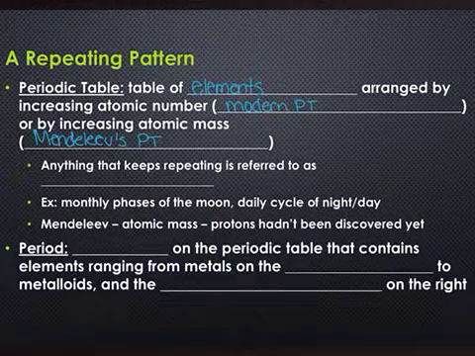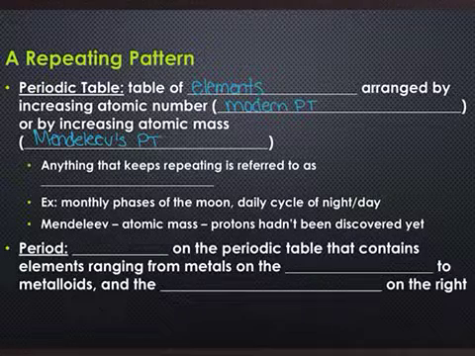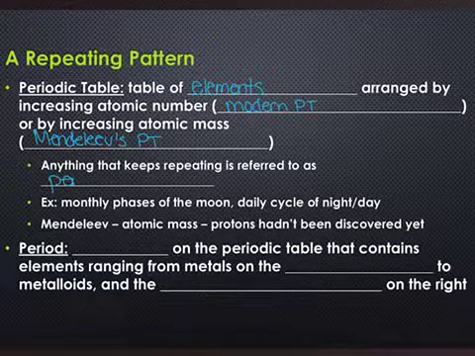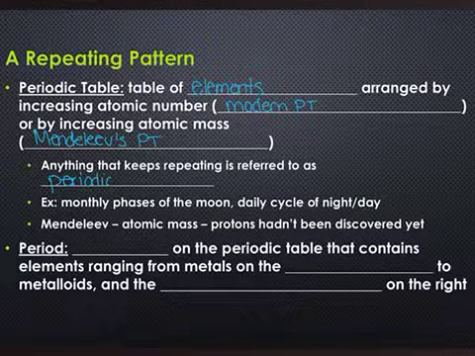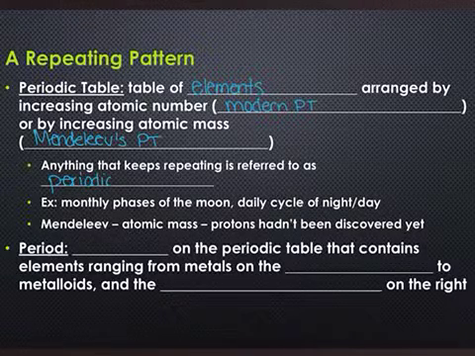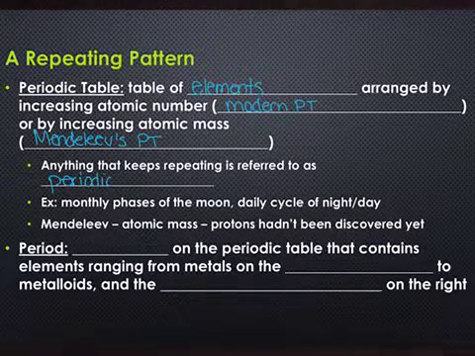Anything that keeps repeating is referred to as periodic. Like the monthly phases of the moon, the daily cycle of night and day, even magazines in a library are called periodicals, or newspapers are periodicals because they come out in a repeating pattern.